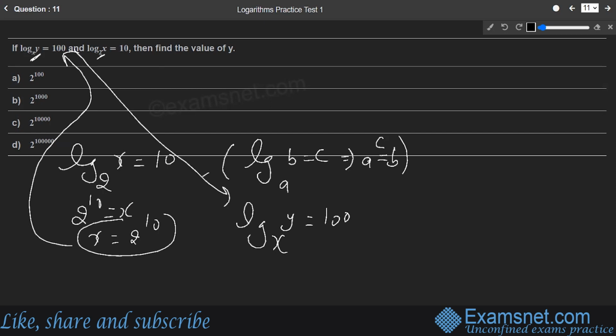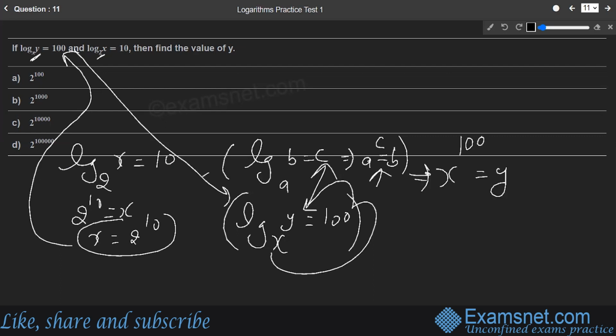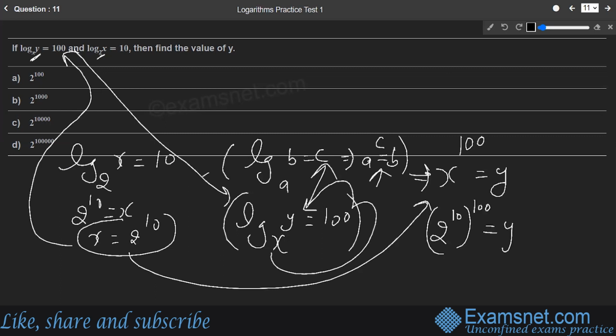Here also, using the same property, x to the power 100 is equal to y. Now we can replace this x with 2 to the power 10. That gives 2 to the power 10, all to the power 100, is equal to y. So the y value comes out to be 2 to the power 1000. That is the right answer: y is 2 to the power 1000. It is available in option B, and it is the right answer for us.